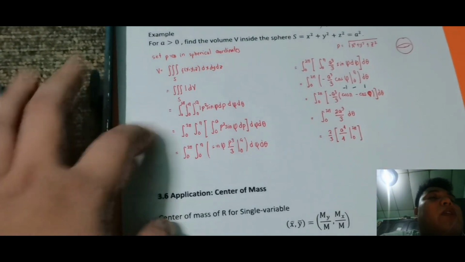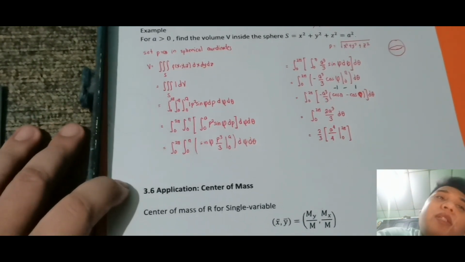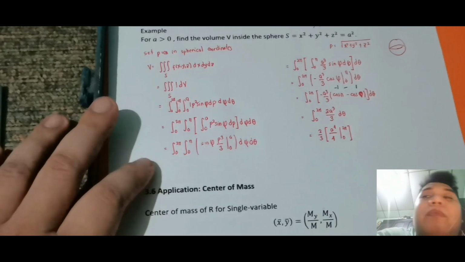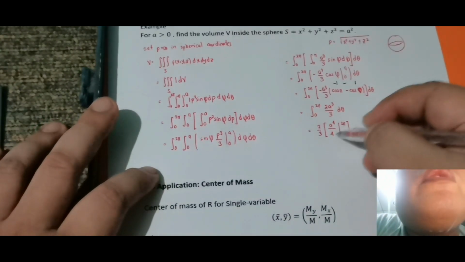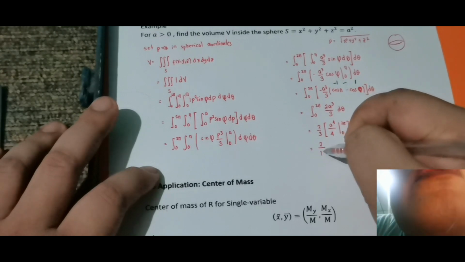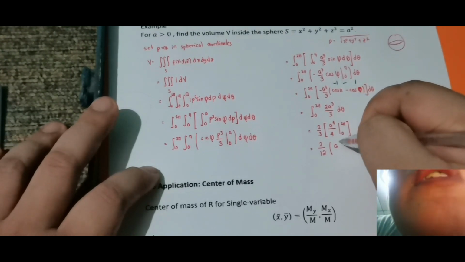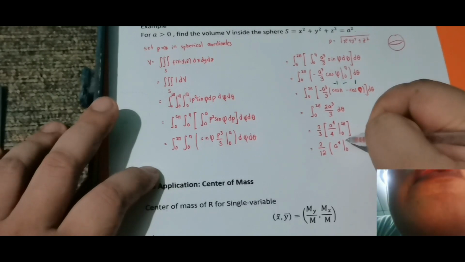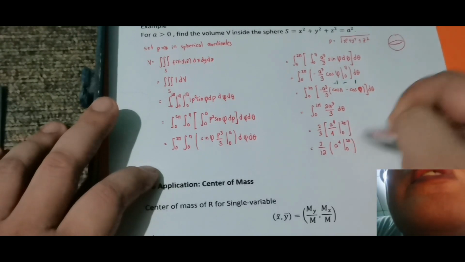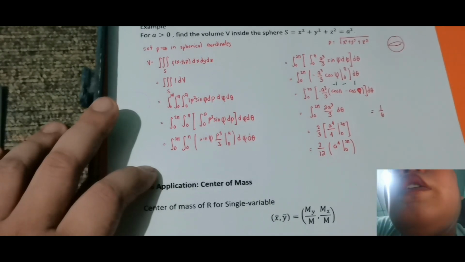Nilabas ko lang yung 2/3, skip ko na yung method na nilalabas siya. Next is, syempre, operate natin to. Or simply, labas ko na lang yung 1/4. So, this is just equal sa 2 over 12, tapos yung boundary, a to the fourth, boundary from 0 to 2 pi. Di naman affected yung constant na yan. And this is just equal sa 1 over 6.